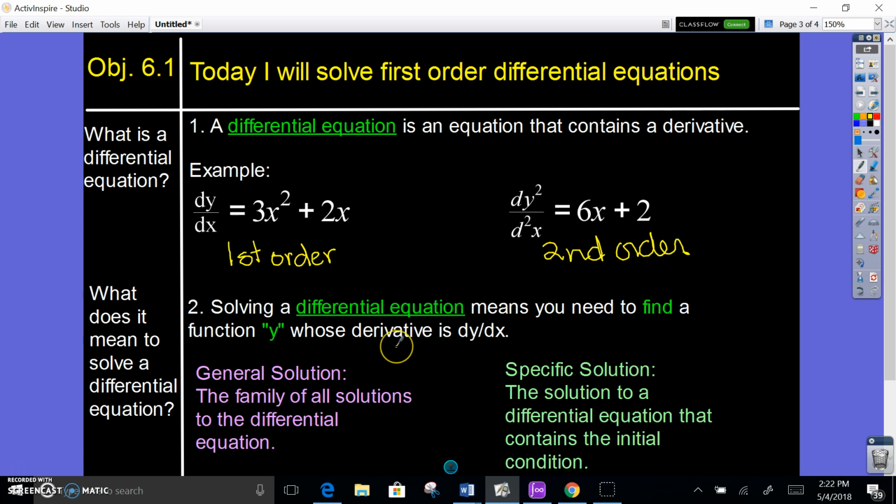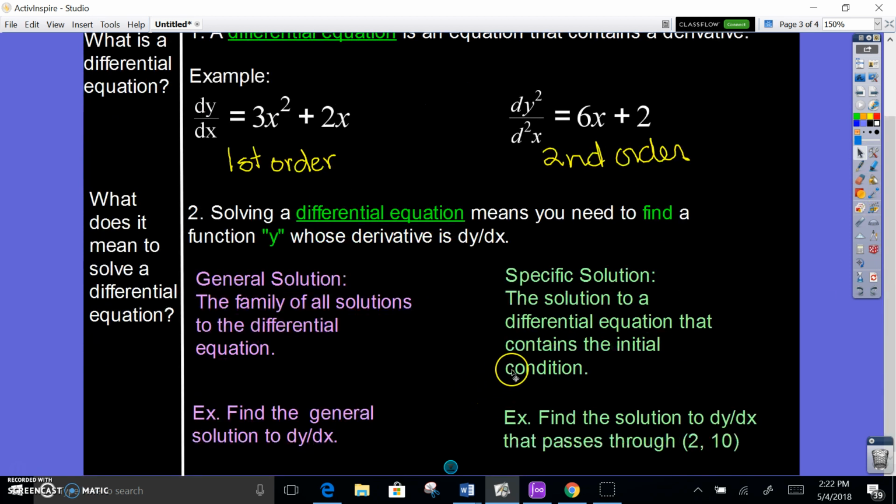And there's two possibilities that could happen for this. You can either be asked to find a general solution, or you could be asked to find a specific solution. And here's the difference. The general solution would just be the antiderivative plus c, because you are basically finding all the possibilities, all the solutions that satisfy that equation. So all of the functions whose derivative is 3x squared plus 2x. And we need to represent that with a c.